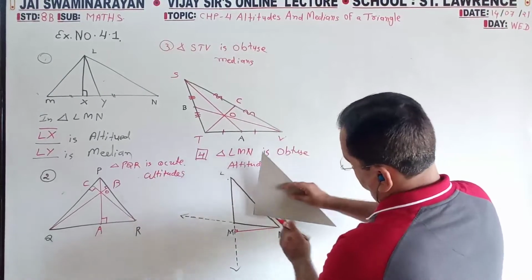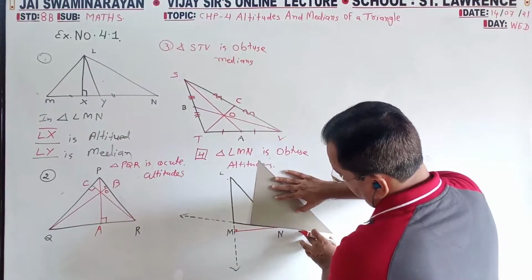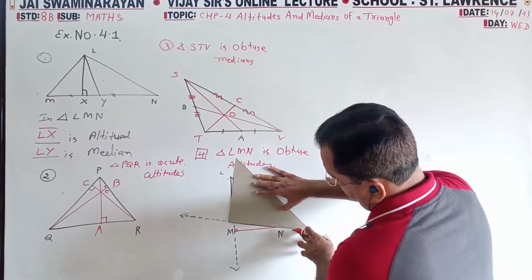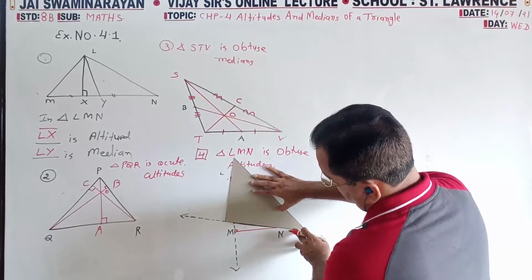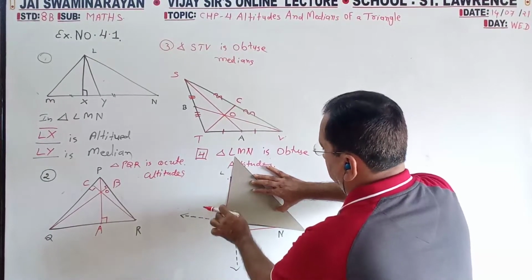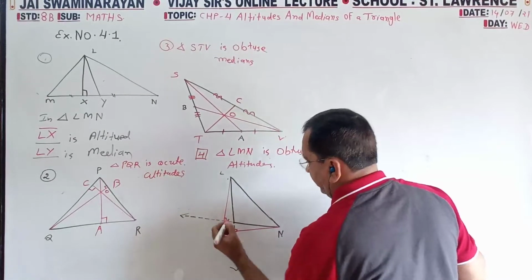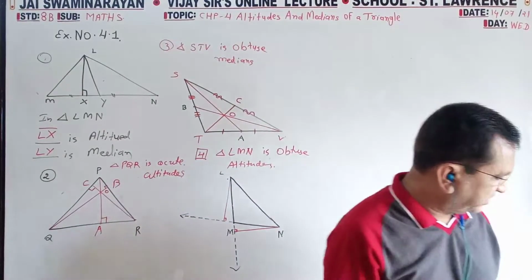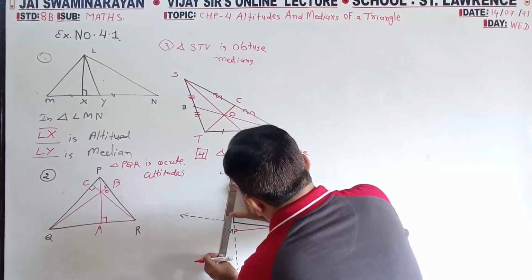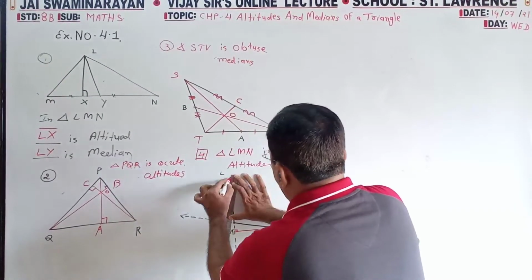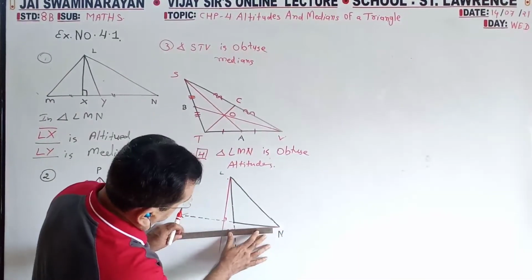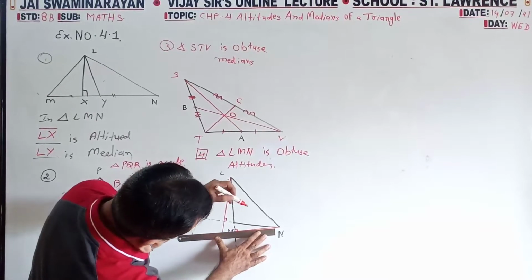Now I will take this. Slowly pass up to the vertices. See this. Again that is 90. Now both the side we have to extend. This and this.